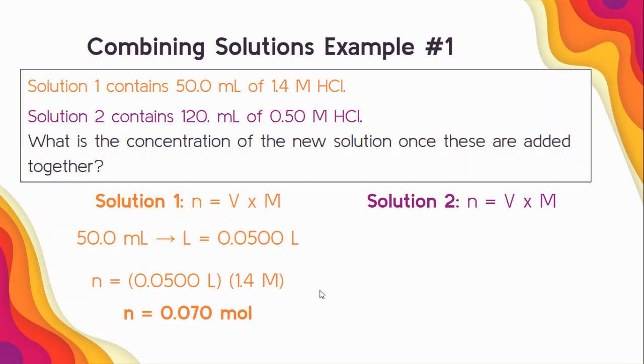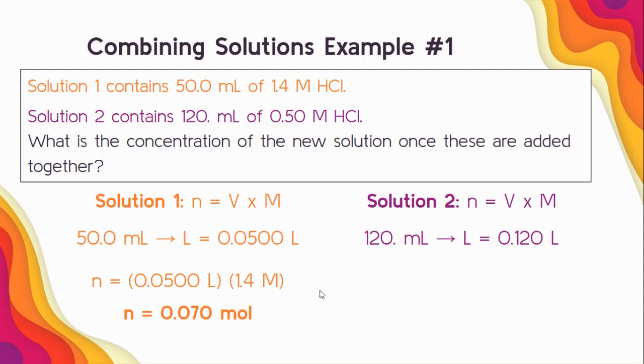For solution 2, I need to do the exact same thing. I need both the moles of solute in solution 2 and the volume. I have the volume, I need to find moles. So I can first off convert my volume into liters because I'm using the molarity equation and volume has to be in liters when I use that.